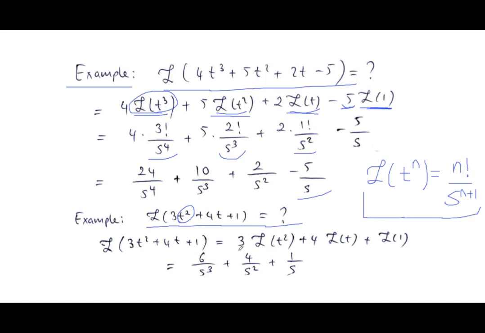And we have another 3 here, so we get 6. And then what about the Laplace transform of t? That's going to be 1 factorial divided by s squared. So we have the s squared here. For the constant, one more time, we have 1 over s. So we can combine this expression, and this gives us the Laplace transform for this polynomial.